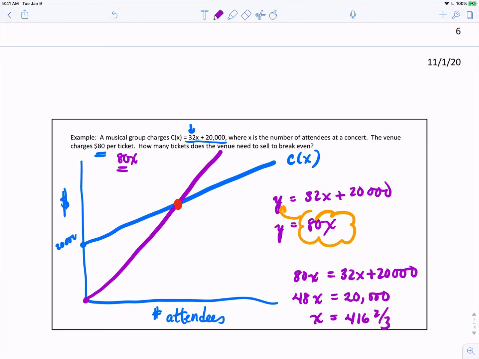So at your 417th person, which would be right here, right past 416 2/3, because 2/3 of a person can't buy a ticket, at the 417th person, the venue begins to make a profit. Okay, so one example of application of systems is with cost, revenue, and profit, and simply finding the break-even point.